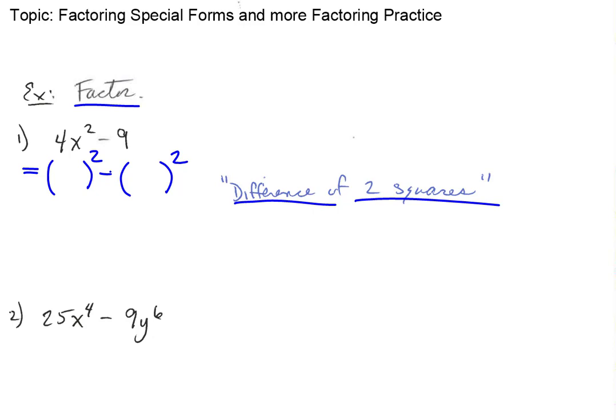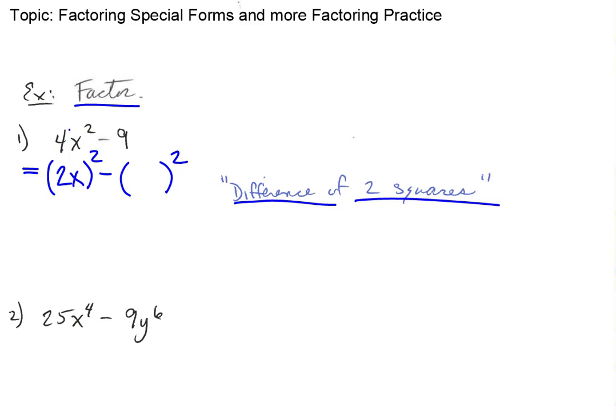And if we can put something inside these parentheses that when squared would actually be the same as the original problem, then it would fit this form. So you'll notice the first term being a 4x squared is such that if I put a 2x inside the first set of parentheses, then when I square that set of parentheses, I'd be squaring the 2 and the x. Of course, we would get 4x squared.